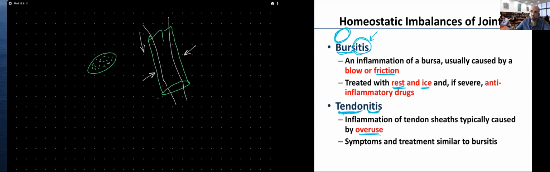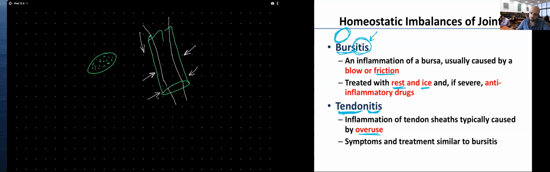So tendonitis is not an actual inflammation of the tendon, but an inflammation of the tendon sheath, which is the bursa-like structure surrounding the tendons that normally is responsible for reducing the friction between your tendons and the surrounding bony structures.